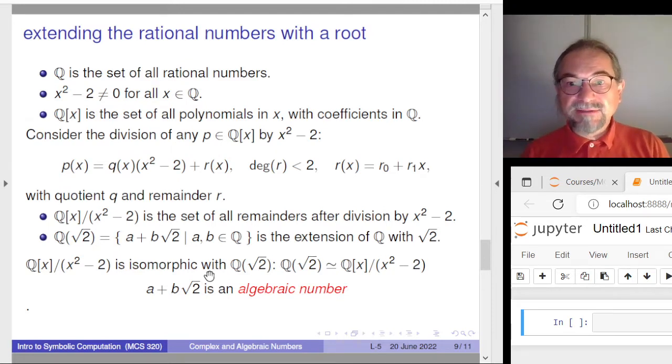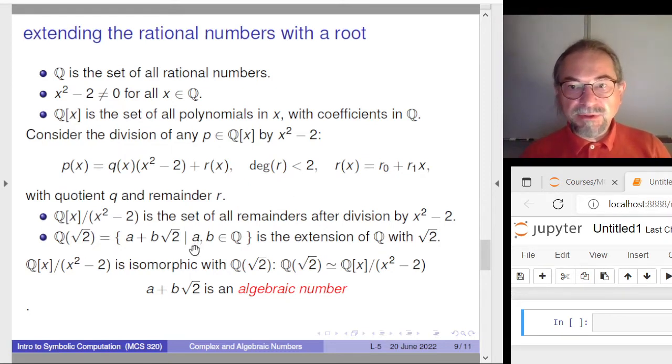Then we can look at the set of all remainders after division by x squared minus 2. And we can identify this set of all remainders with two coefficients, r0, r1 here on the slide, because the degree of the remainder is strictly less than 2, because we divided by a quadratic polynomial.